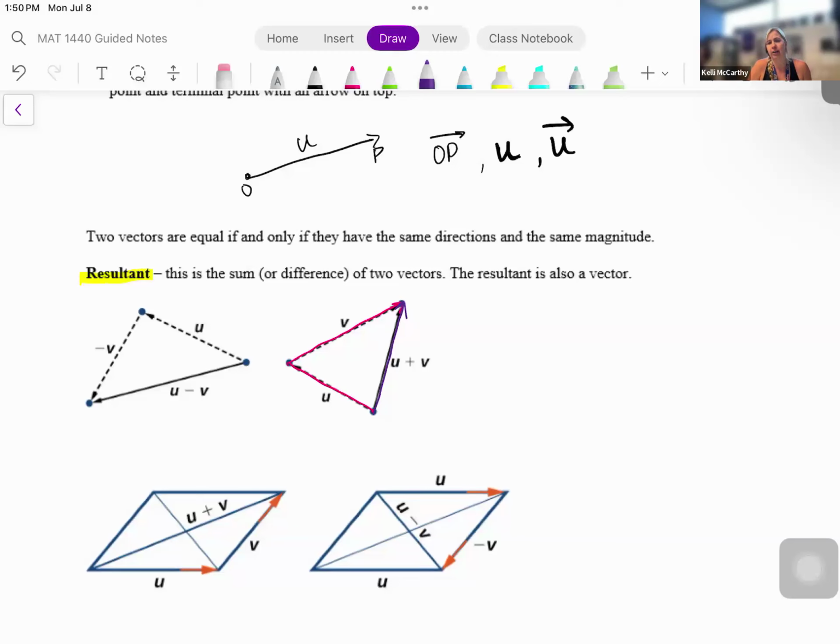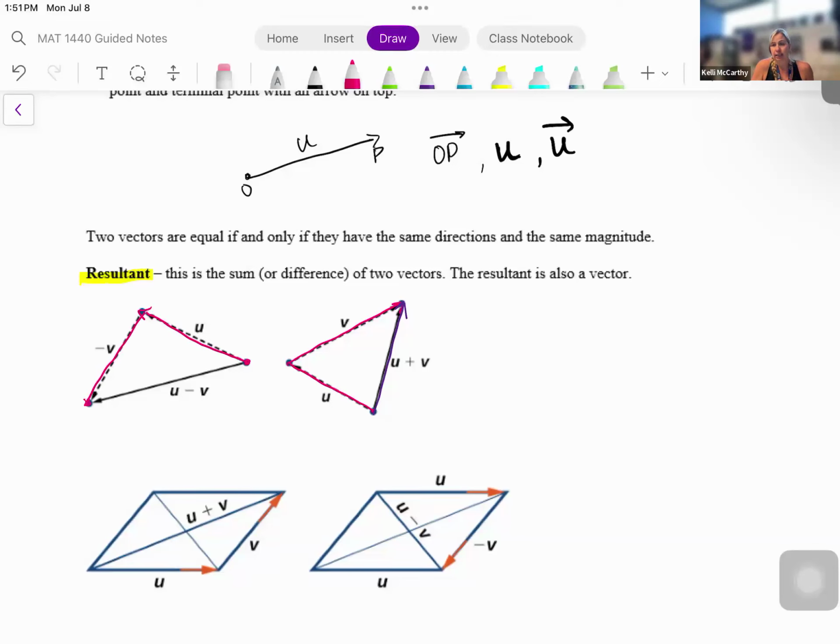Now, if we think about that vector V we just drew, it was going from bottom to top, left to right. The opposite of that would be going from top to bottom, right to left. So in this figure on the left, we see we're starting with vector U at its initial point, and then we're adding a negative V. So we're taking that vector V and going in the opposite direction.